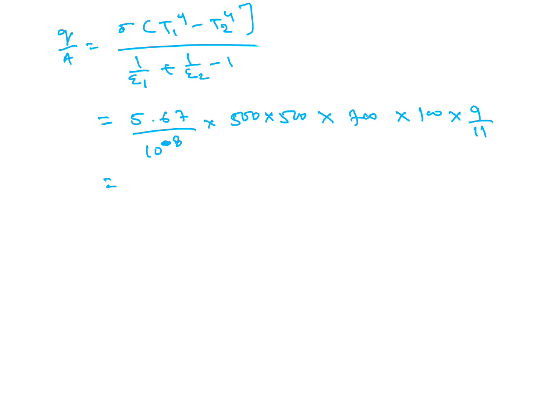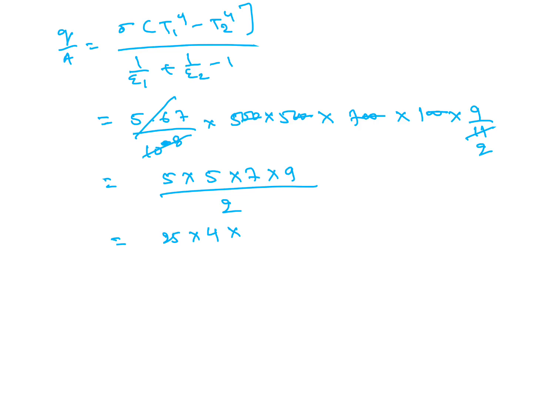Here 2 fours are 8, 8 0, 8 0 cancel. So it's 5.67, nearly 2 times. So 5 into 5 into 7 into 9 by 2. It's 25 into, let it be 4 into 9. Take it as 8. 8 by 2, 4.